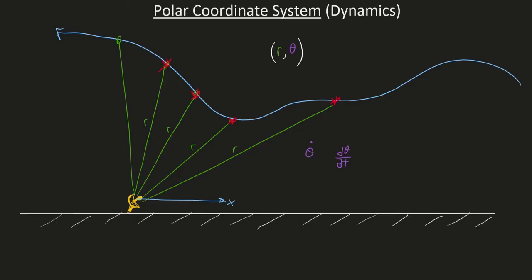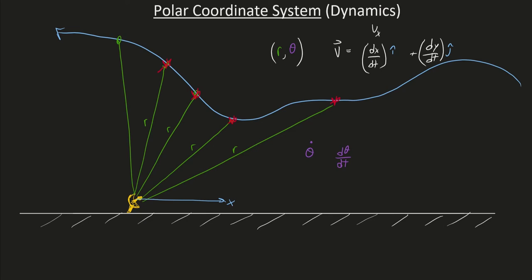Now, when we dealt with x and y, we could describe the velocity in terms of x and y. It was basically the change in x with time. This would be the x component of the velocity, i hat, and the y component of the velocity, how fast y is changing at that instant, j hat.